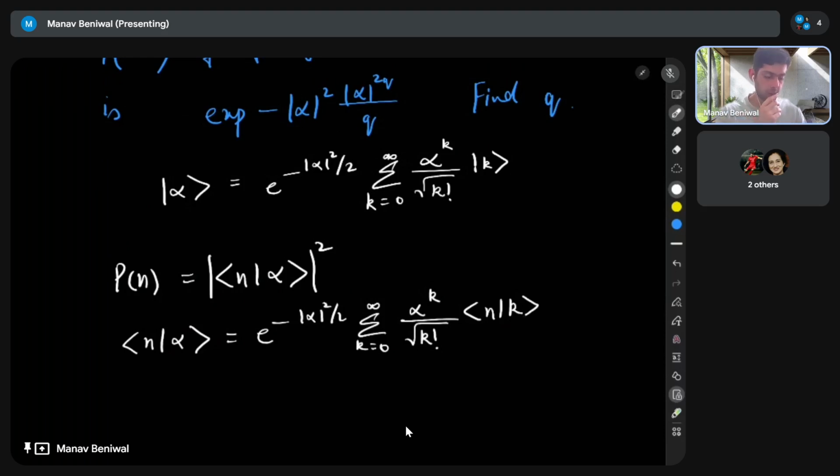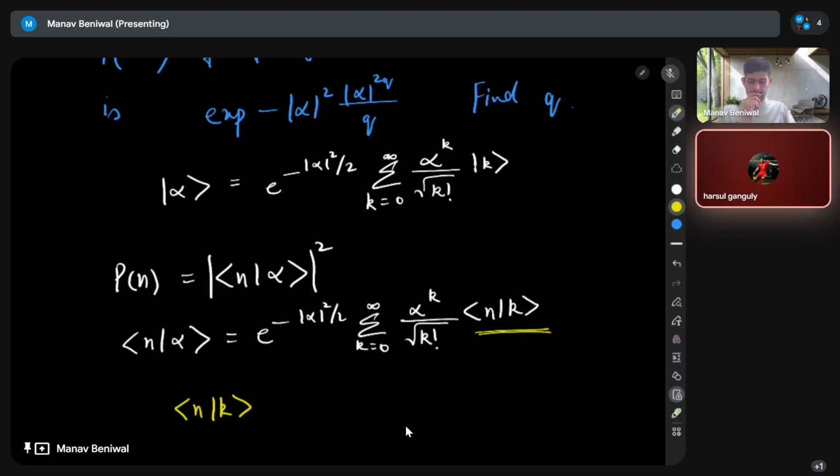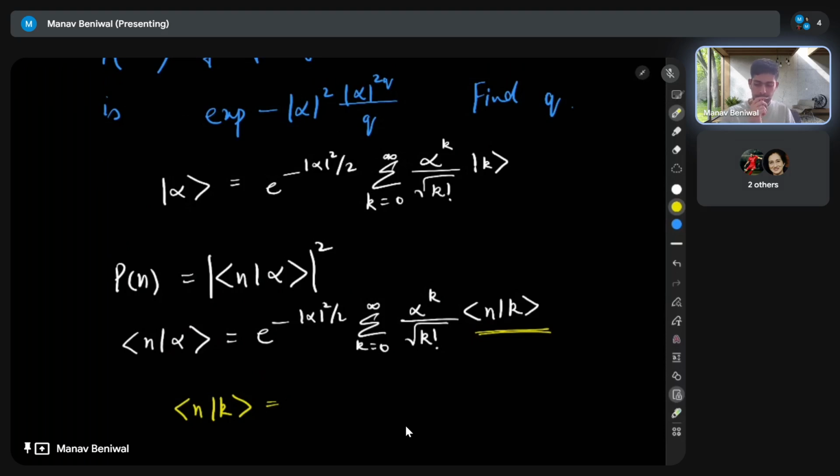Now tell me what will happen to this inner product of n with k. What is the value of this? That would be the Kronecker delta. It is 0 when they are not equal and 1 when they are equal, so we'll write this as delta nk.